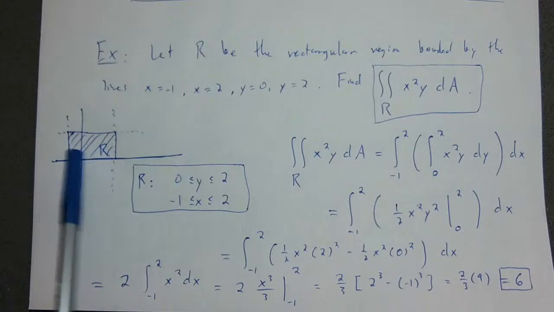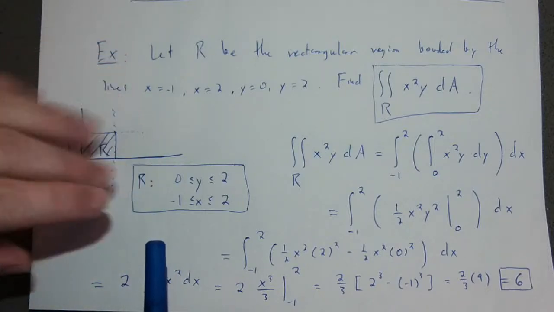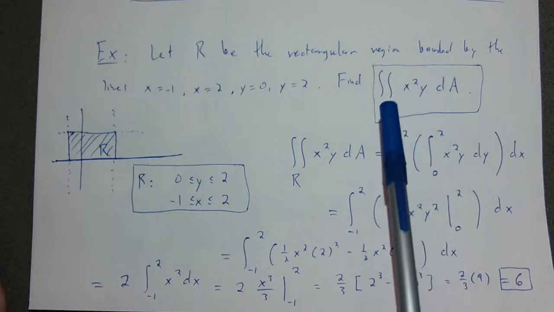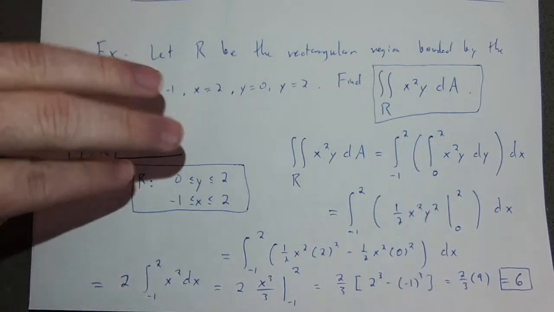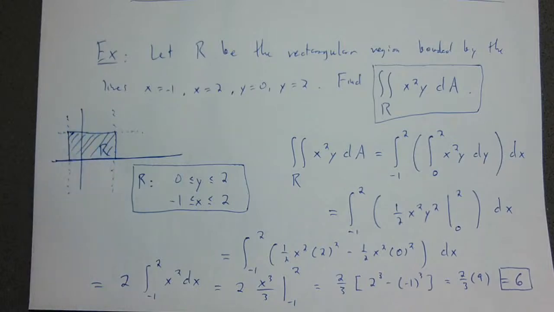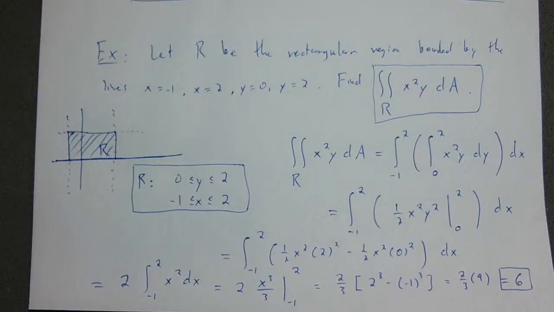Over this region R, the graph of that function hovers over this region. What does this compute? This computes the volume of the region bounded above by that graph and below by the xy plane over this region R. This is some kind of weird prism-like thing where the top of it is whatever the graph of x squared y looks like.